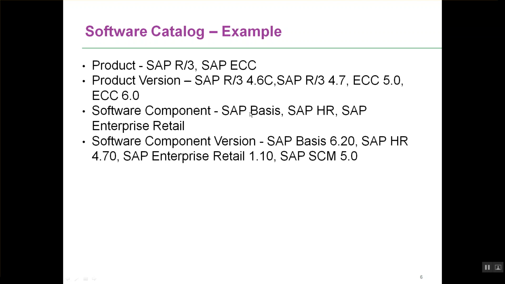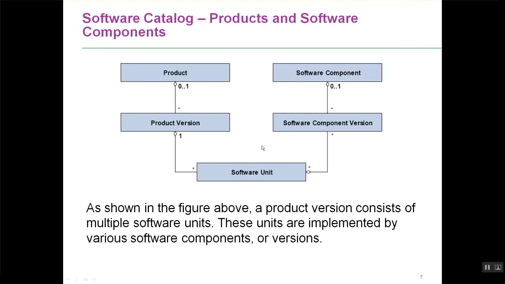Your SAP basis software component can have SAP basis 6.2, can have version 6.4, can have 7.0, and so on. Same way for HR, same way for enterprise retail. So the idea is your software components will have software component versions and your products will have a product version. So what is the relationship between the two?